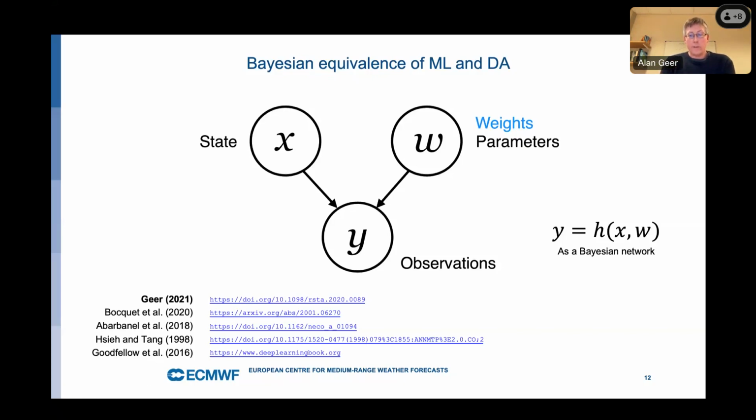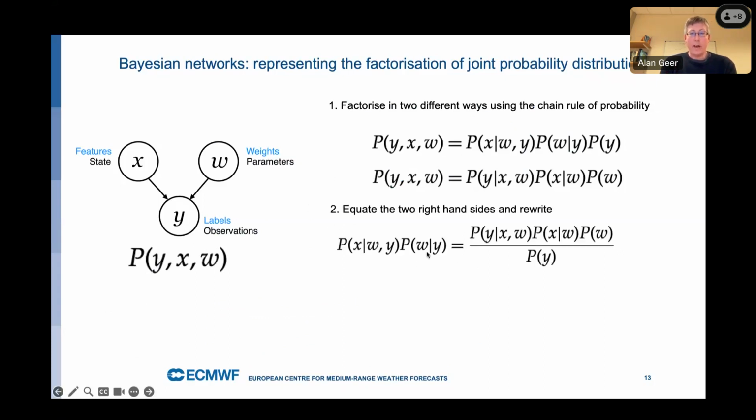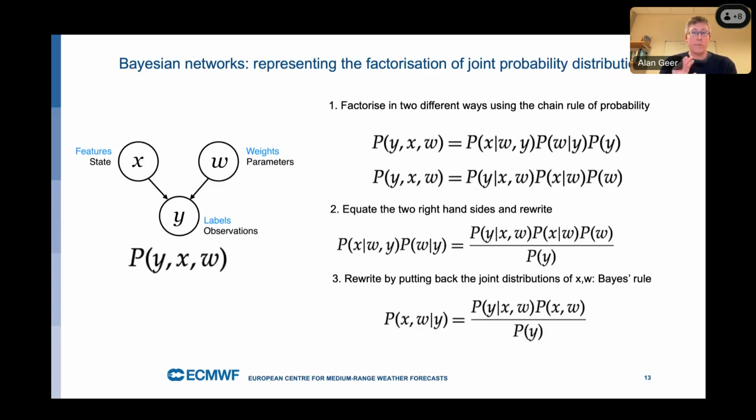So just to show you this diagram, X, Y, and W represent essentially, in the Bayesian sense, a joint probability distribution, and that can be factorized using basic rules of probability. You can rewrite those equations into a couple of steps. Really don't bother with the details of this unless you're interested, and many people know this already, of course.